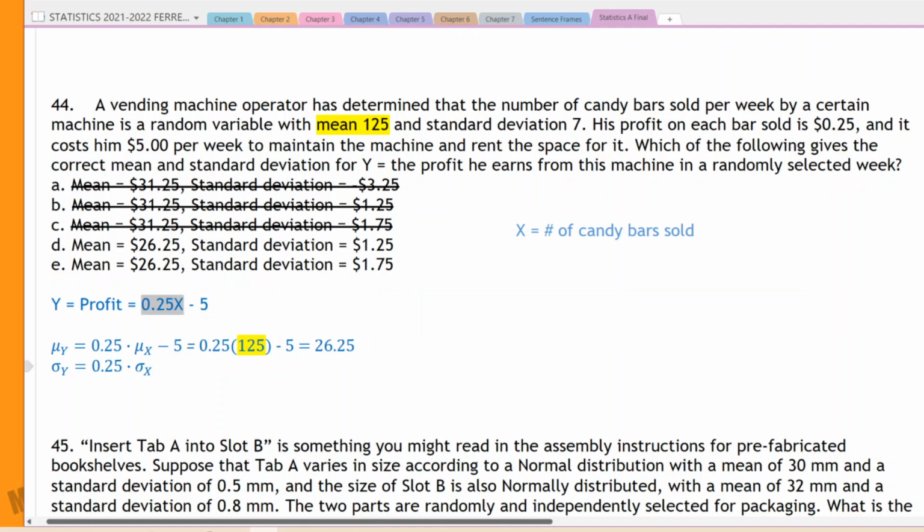That's why you see that the standard deviation for y is only equal to 0.25 multiplied by the standard deviation of x. Since the standard deviation is 7, we get a standard deviation of 1.75, which means that E is our final answer here for question 44.